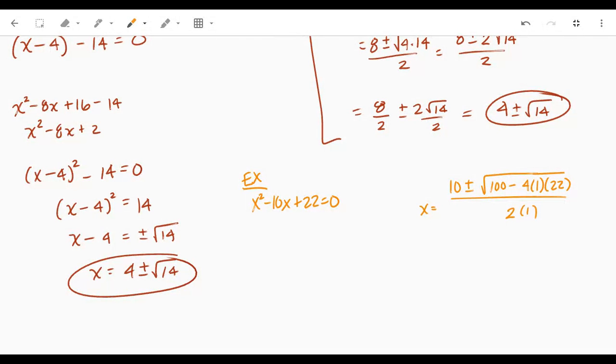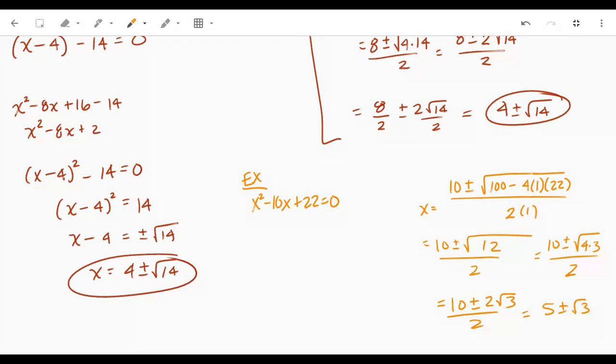So 10 plus or minus the square root of 100 minus 88, so it'd be 12. So that's 4 times 3. So we'd have 10 plus or minus 2 square root of 3 over 2. So that'd be 5 plus or minus the square root of 3.